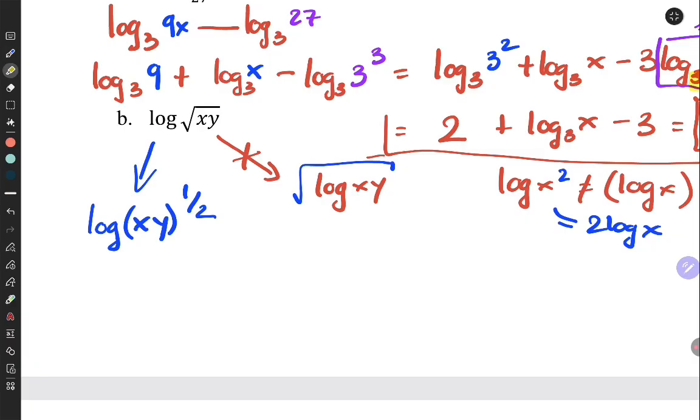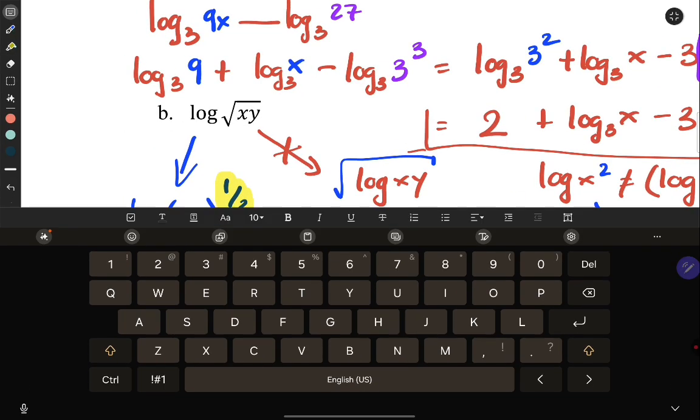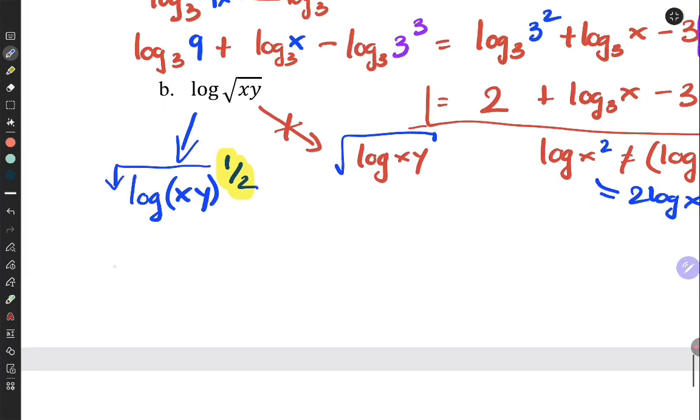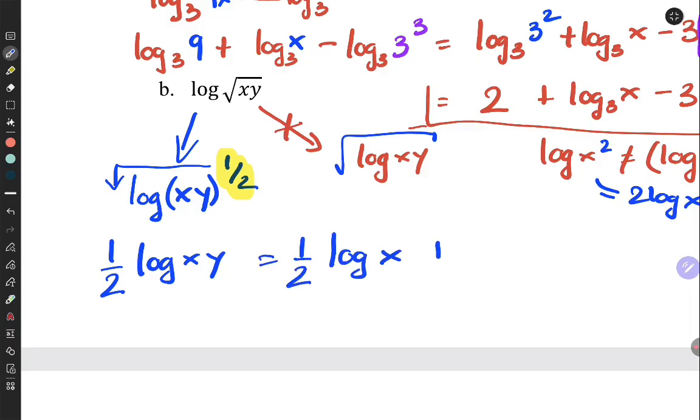And that 1/2 is nothing more than a power. Go to the front, drop it down. Now you can split, plus, okay, 1/2.